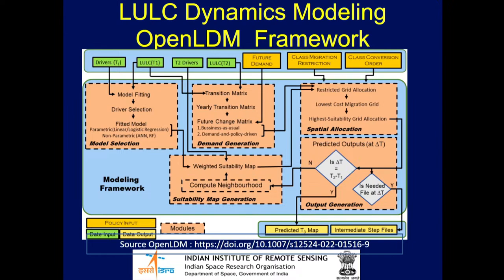After that, we do a reweighting of each piece of land based on the conditions, that is, whether a particular land use class has an influence from its neighbors or not. What has been observed is that some land uses, for example built up area, are greatly influenced by how much area around a particular piece of land is already converted into built up.